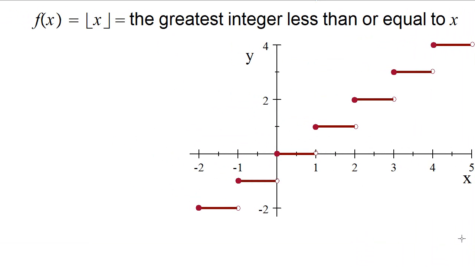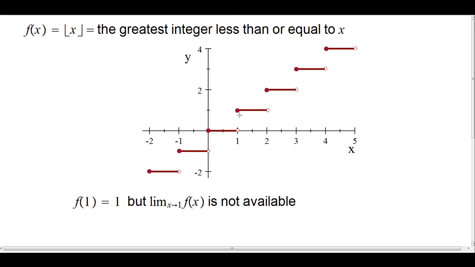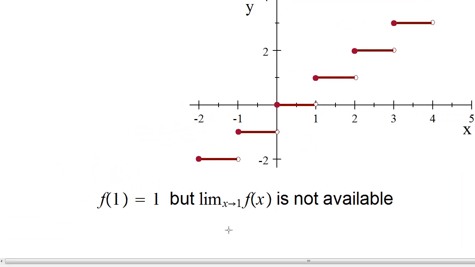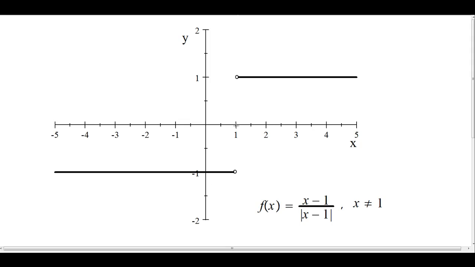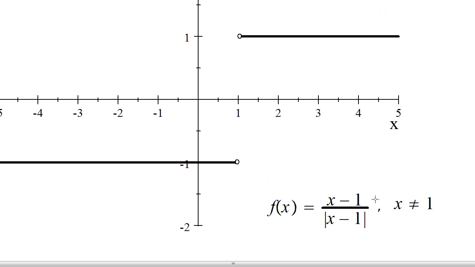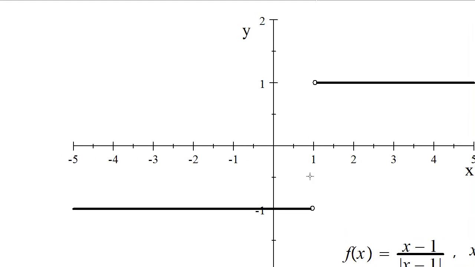The function is discontinuous here, and the problem is that the value of the function at 1 is available, but the limit is not available. And if we look at this step function, which we define by this, we are lacking definition at x equals 1, and at the same time the limit is not available either.